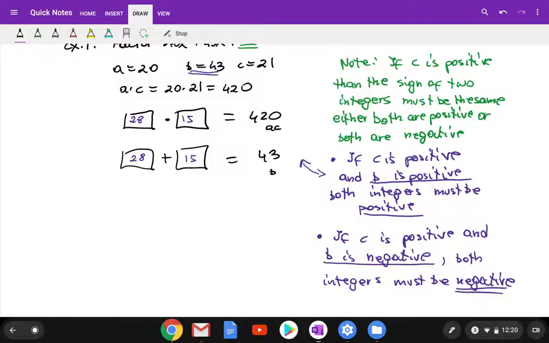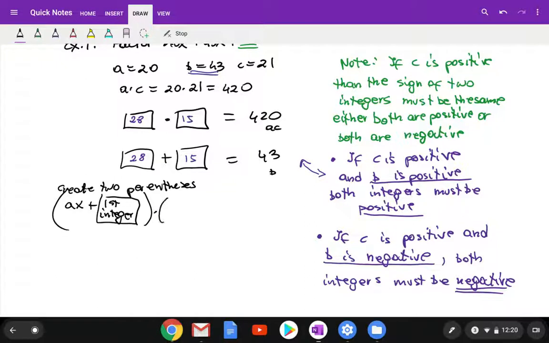Next, create two parentheses. Let's just review that. In form ax plus first integer, times ax plus second integer.